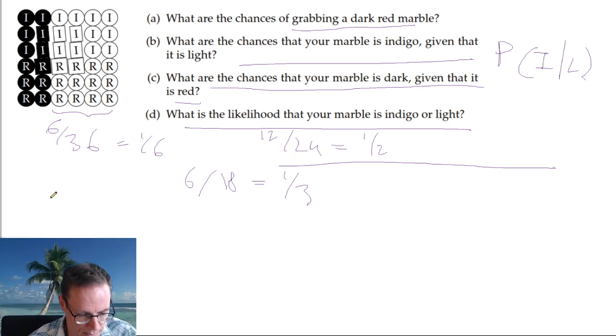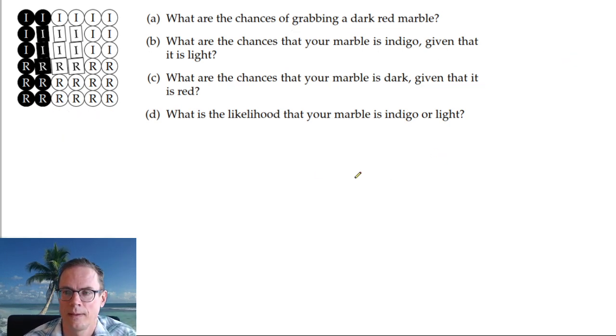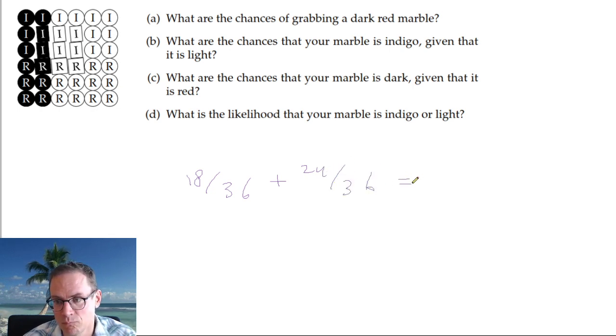Okay, let's think about that. So let's look at all the indigo ones. 18 out of 36. Plus, let's look at all the light ones. That is 24 out of 36. So let's add them up.